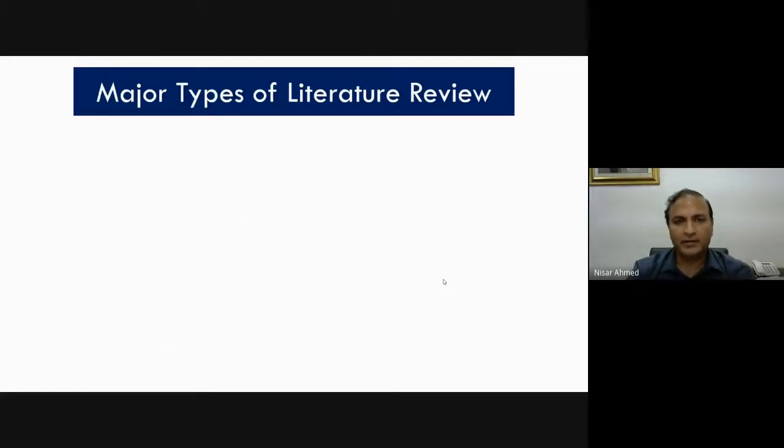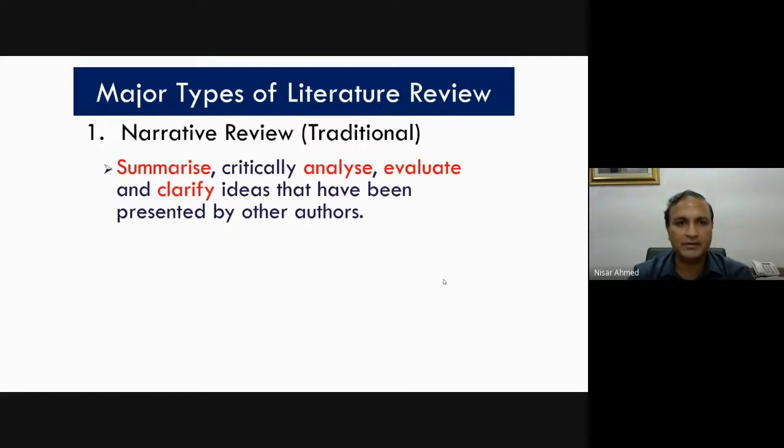And there are various types of literature reviews. For example, we have a narrative style literature review, or we can call it a traditional literature review. And what is the definition of traditional literature review or narrative style literature review? That it summarizes, critically analyzes, evaluates, and clarifies ideas that have been presented by other authors.